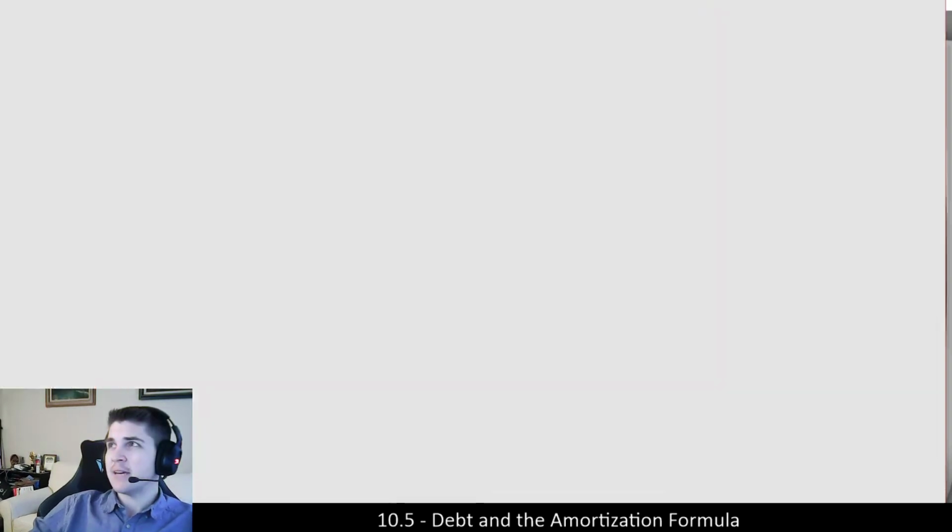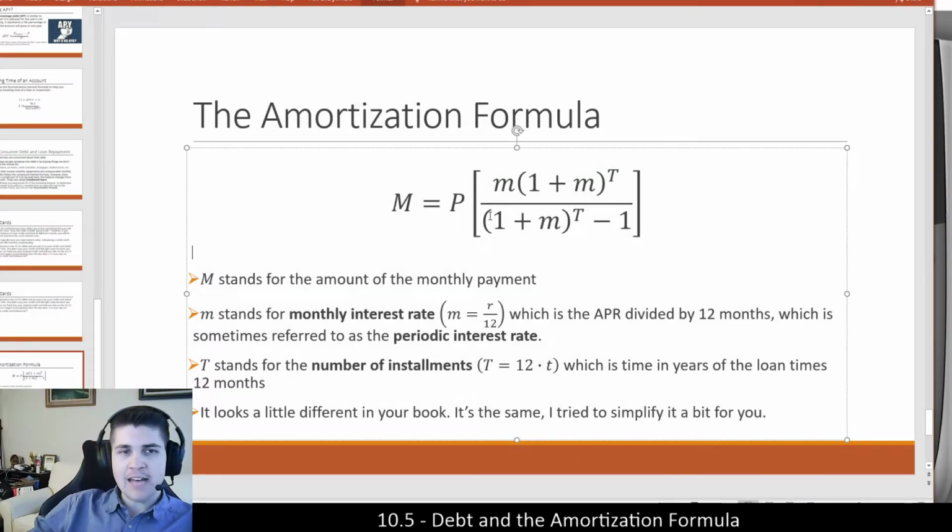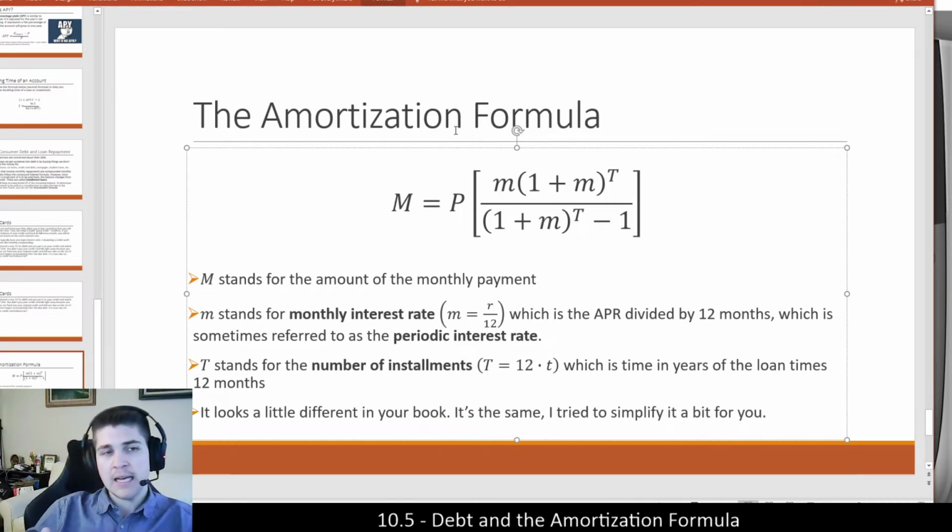But in terms of our class, you can just use the formula. I'm not really going to get into the why, but it's a formula which solves the counteracting nature of a loan. And I just want to talk about what amortization means.